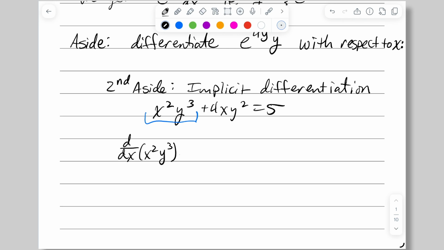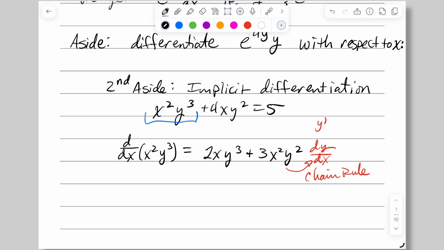Differentiating x squared y cubed with respect to x, assuming that y is a function of x, requires the product rule. So we have 2xy cubed plus 3x squared y squared, but since we're differentiating y with respect to x, we need to throw in a dy dx or y prime because of the chain rule.